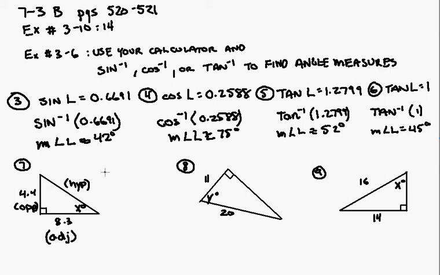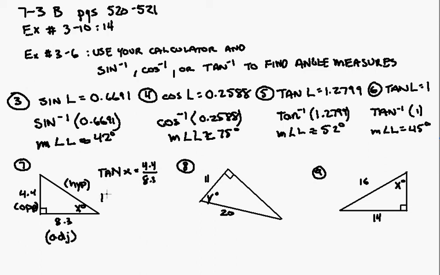So if I'm looking for this, so I'm going tan, whoops, did that backwards. Let's try that again. So tangent X equals 4.4 over 8.3, opposite over adjacent.